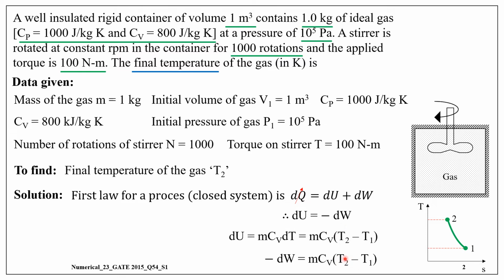T2 is our aim. dW is not given. Therefore, in order to find T2, we need to find dW and T1. After that, we can substitute in this equation and find T2. How to find dW and T1?